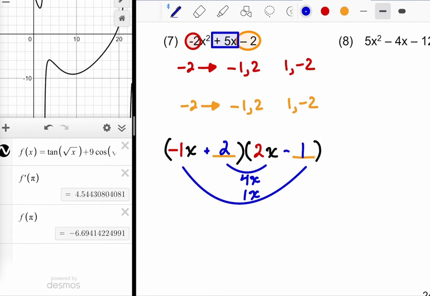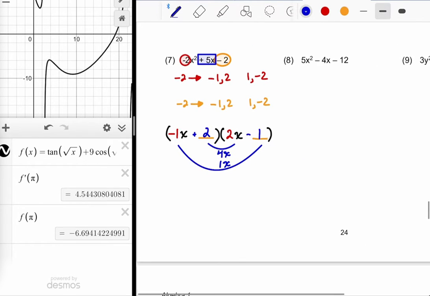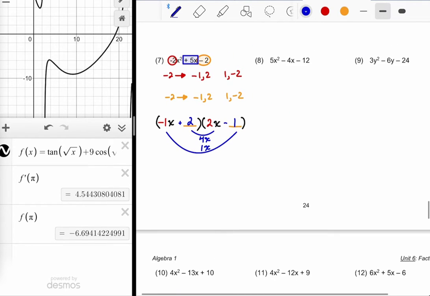We don't really want that to happen, but we're okay with it happening early on, as long as you're working towards understanding why the placement of the numbers is so important. And don't get thrown off by things like in number 9, where there's a y instead of an x. You treat it the same way.